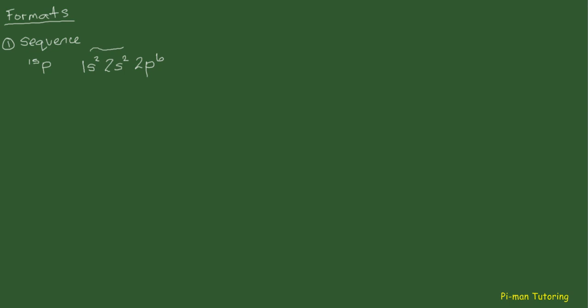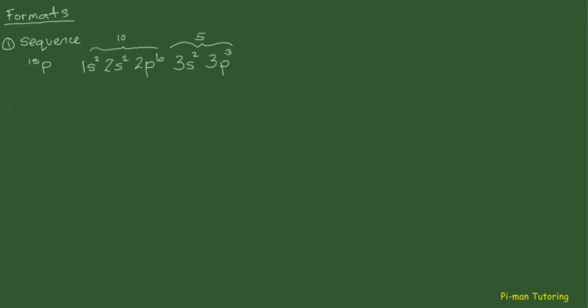So far we have placed 10 of the 15 electrons. After 2p comes 3s, which accommodates 2 electrons, and 3p, which could accommodate 6. Now we only need 5 more to complete phosphorus, so we're going to put 3 in here. So our p level is just half of its maximum capacity. So that's the simple sequence.